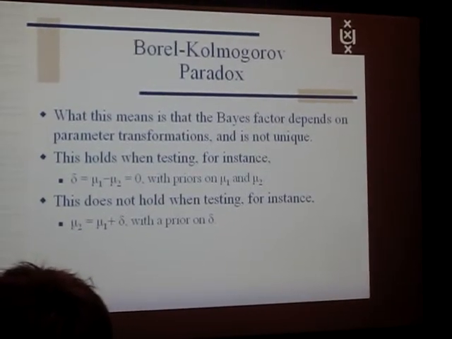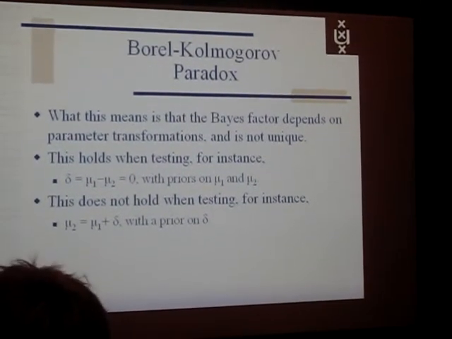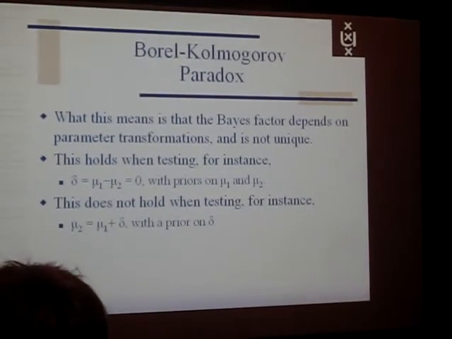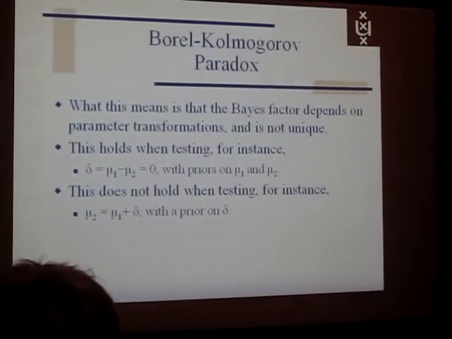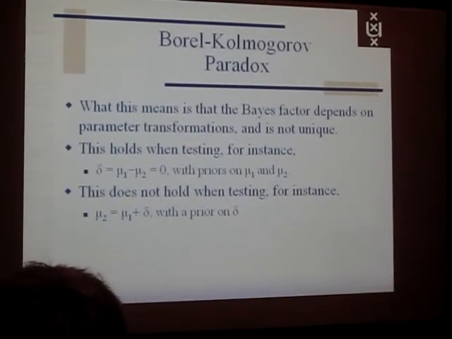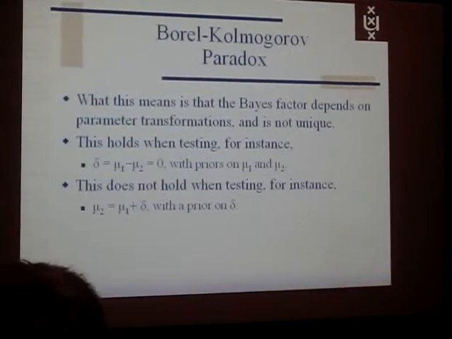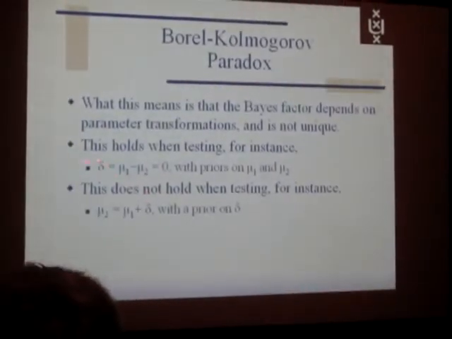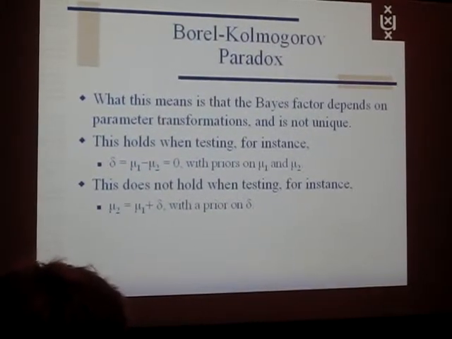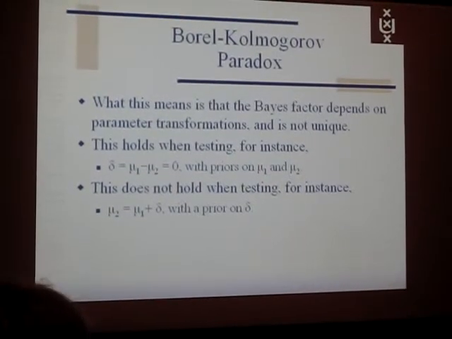So what this means for testing exact equality constraints using this framework is that your result, your Bayes factor, depends on the parameter transformation or parameterization that you use. So it's not unique. This holds, for instance, when you test a parameter delta defined as mu1 minus mu2, and you put priors on mu1 and mu2.